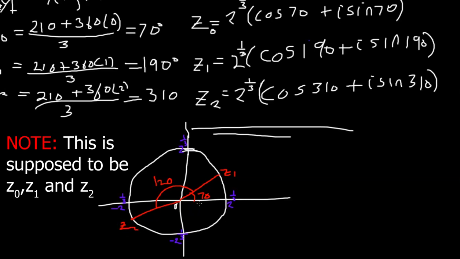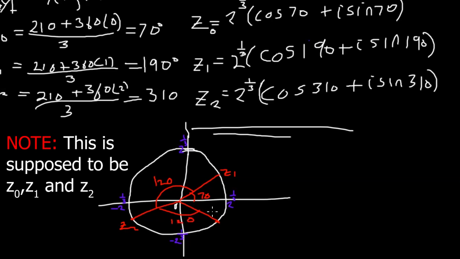And then your 310 is going to be somewhere there. Of course, the difference between 190 and 310 is still 120, like that. So use a protractor to measure these angles.